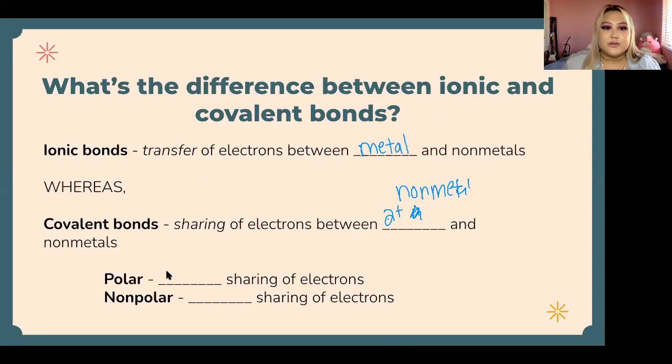So just write. I have a question. Can you guys see the chat when I look at it? Like, can you see the chat right now or no? No. Okay, cool. So this is the unequal sharing of electrons, and then nonpolar is the equal sharing of electrons. So these Lewis dot structures of nonpolar will look more symmetrical, unlike polar Lewis dot structures.